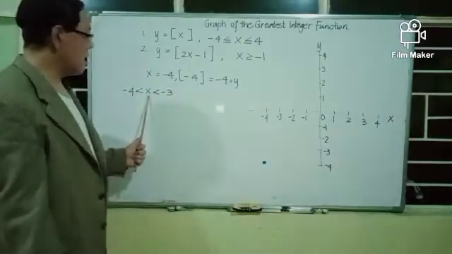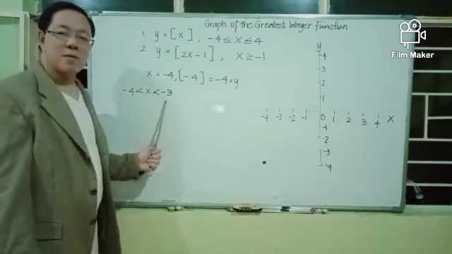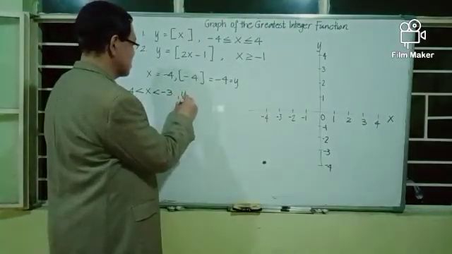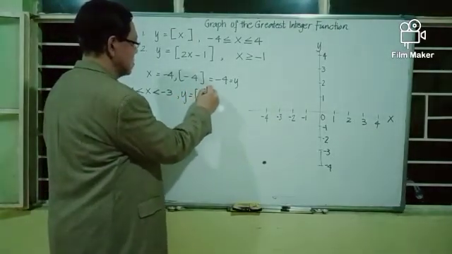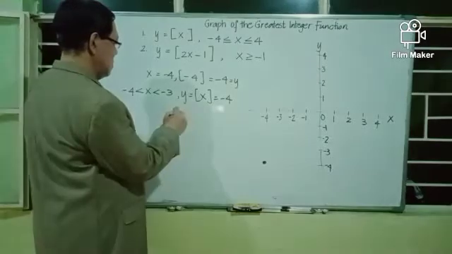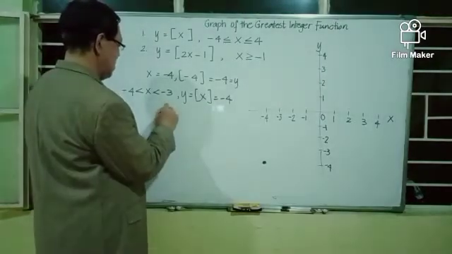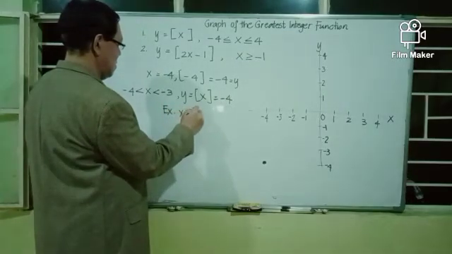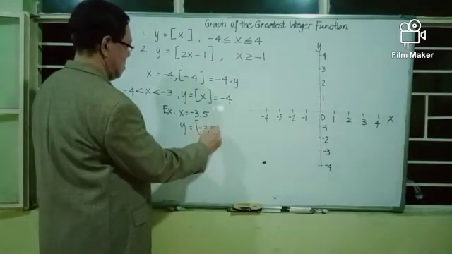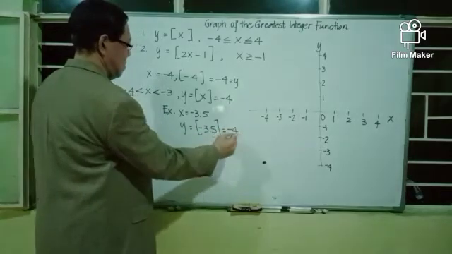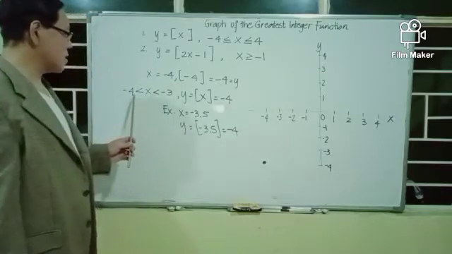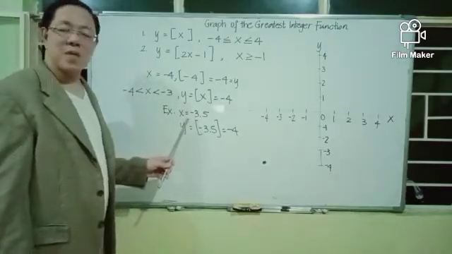If we have x between negative 4 and negative 3, consider a particular value of x that is greater than negative 4 and less than negative 3: negative 3.5.